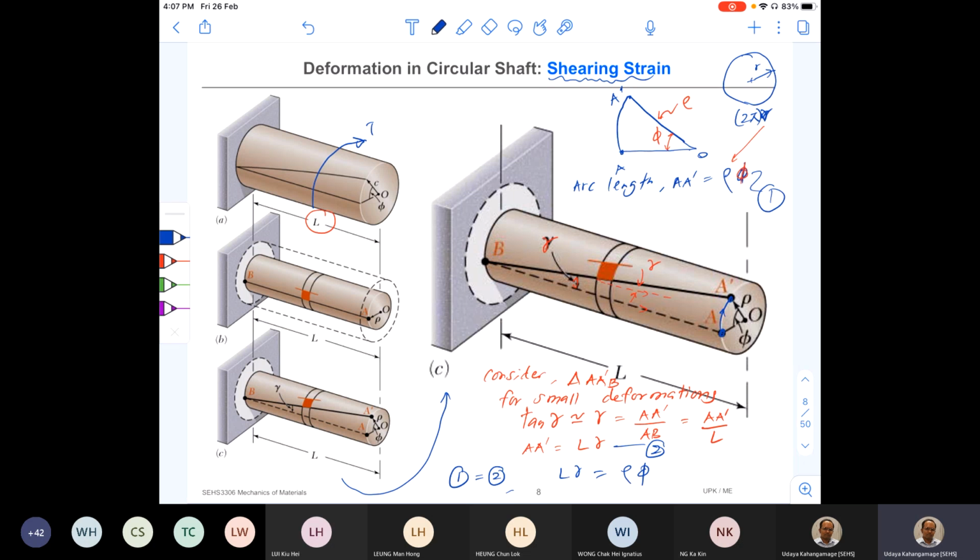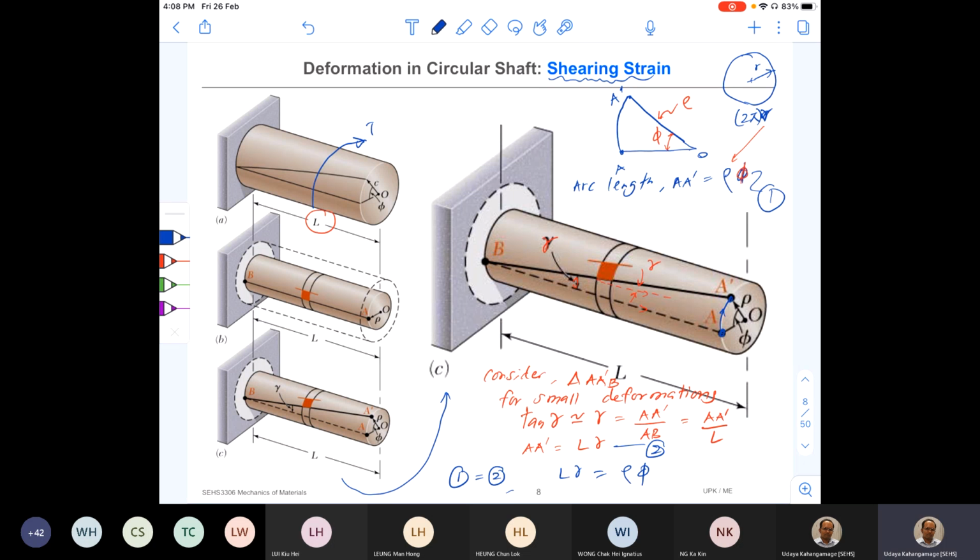So now you see that there's a relationship between the angle of twist and the shear strain. Right? So now, if you have already copied the things, maybe I give you 1 minute. Okay, I hope that everything is clear up to now. But I did simple geometric analysis, right?